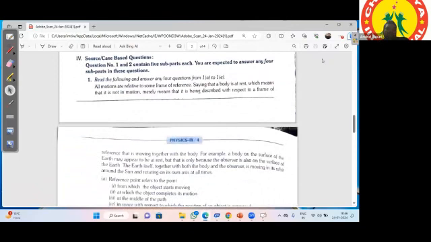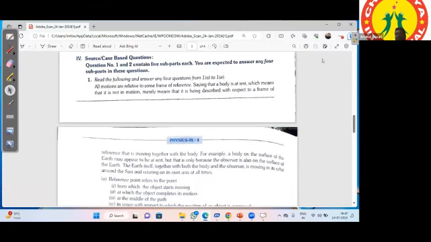So see this, you have a passage-based question also. Currently you are getting such types of questions only in your exams. That is why I picked these questions for practice of the topic. Read the following and answer any 4 questions. All motions are related to some frame of reference.